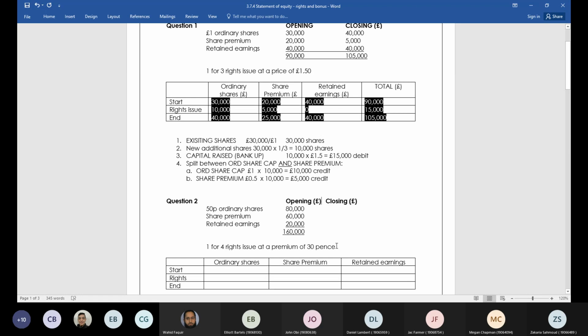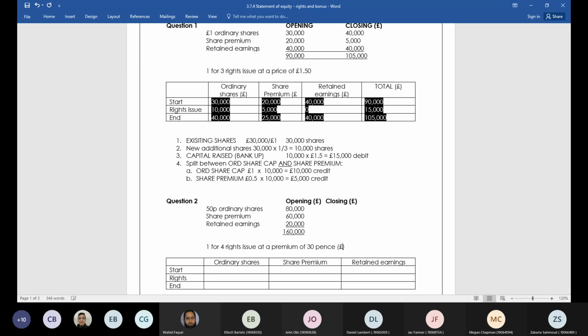Right, maybe a couple of you are stuck on the words here. Now they've said at a premium of 30p. Now, hopefully most people have interpreted that as they're selling them for £1.30. They're just saying it slightly differently. They're telling you what the premium is.